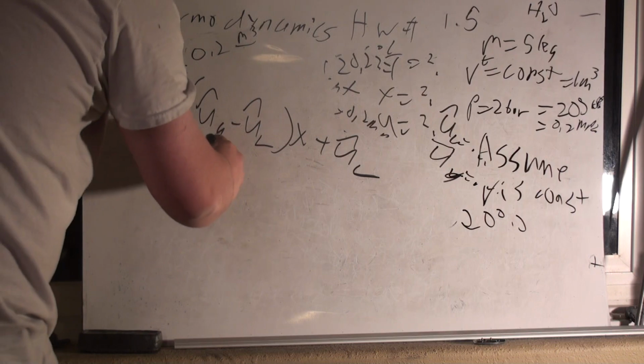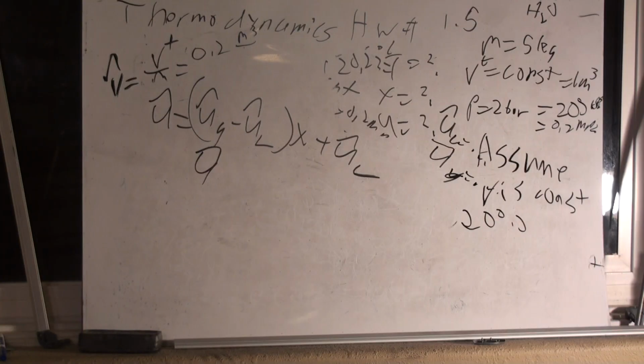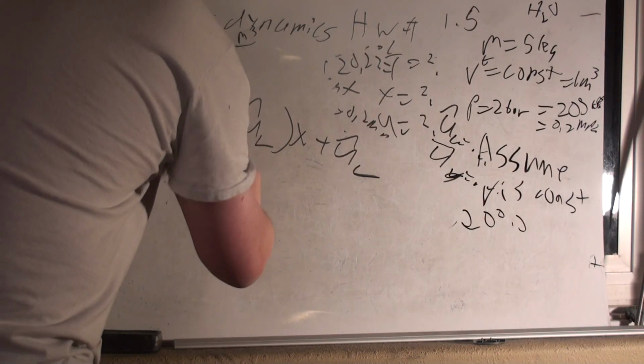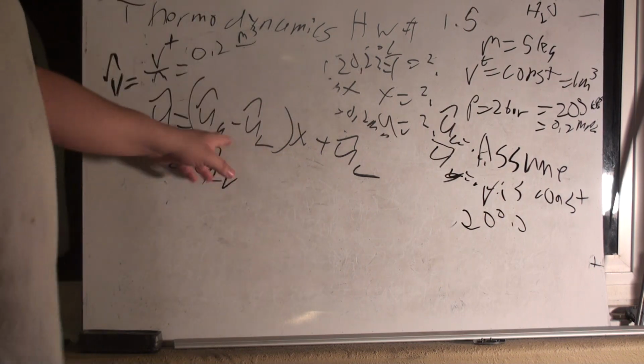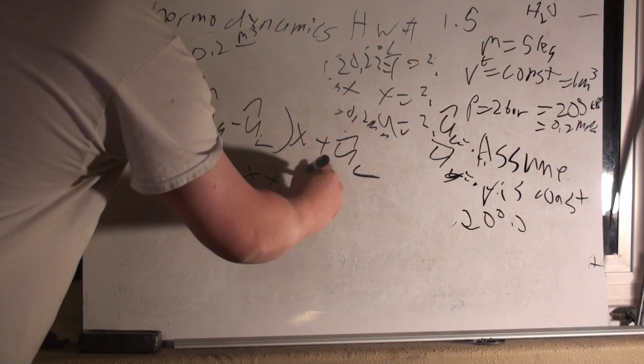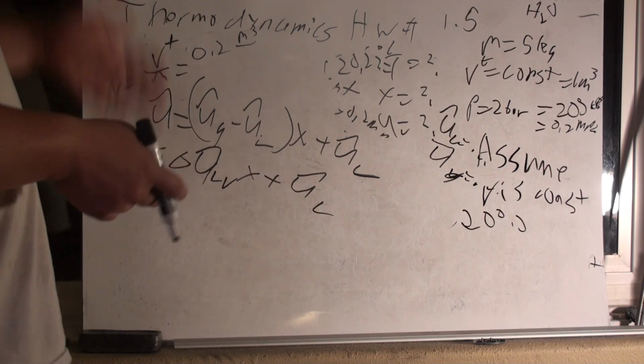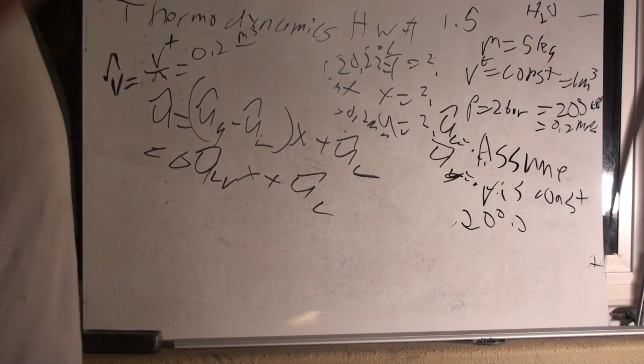Or here I can use delta U LV, because that's what delta U LV equals. So I can use this also if I want to. It doesn't matter. I'm going to plug in those numbers and get something.